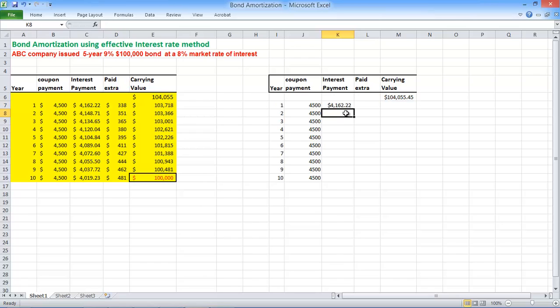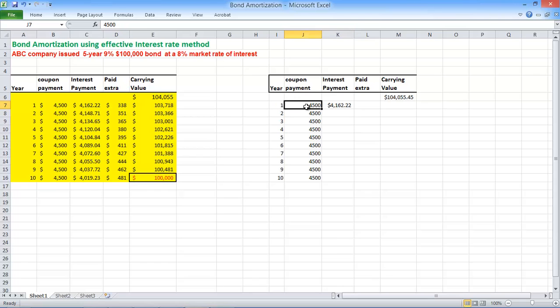So here you have 4,162. Now this is the most important part, which most students, and even most people studying accounting, finance and economics, find difficult: understanding this next step, which I'll explain to you. This is our coupon payment.